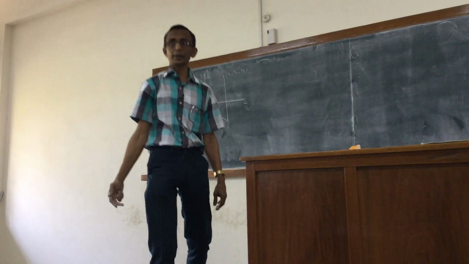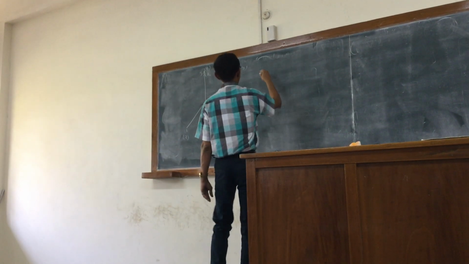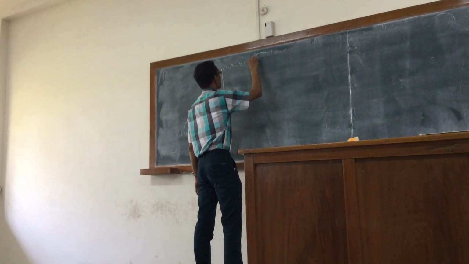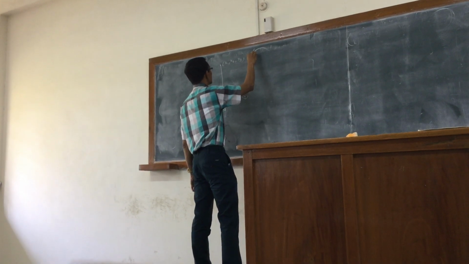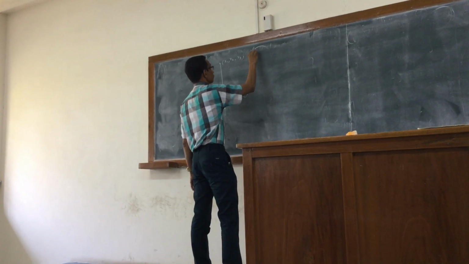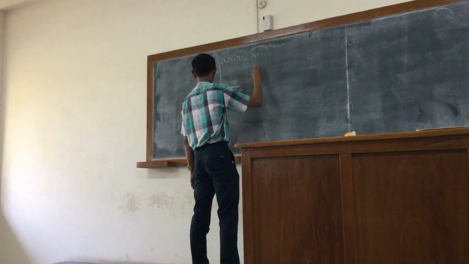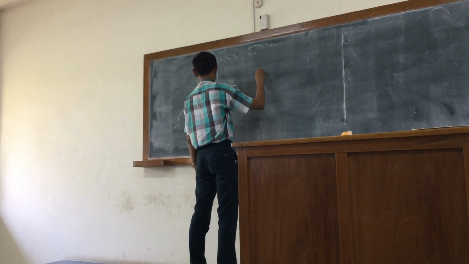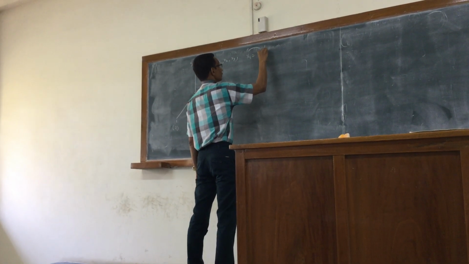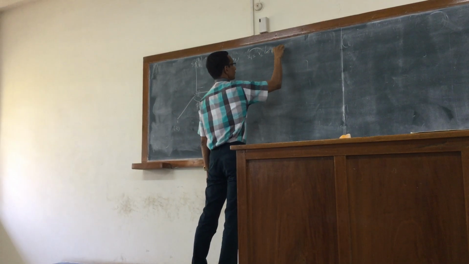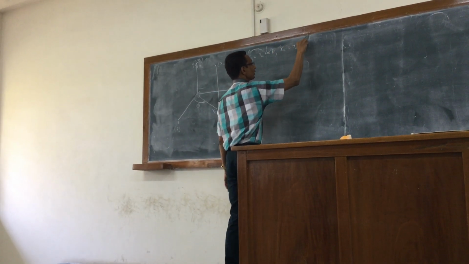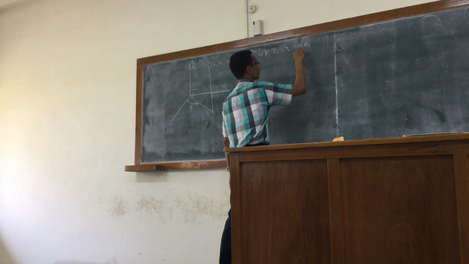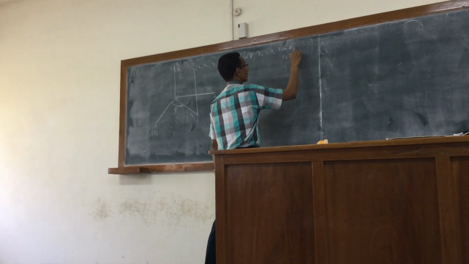So analytically, it can be written as x1 equal to RC cos phi, x2 equal to RC sin phi, and x3 equal to ZC.